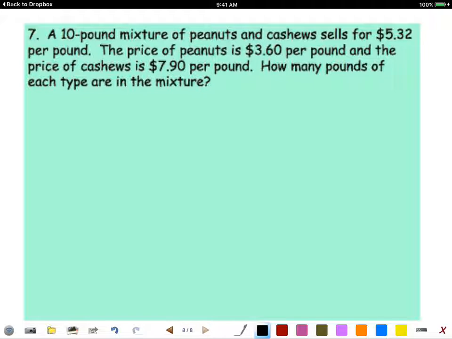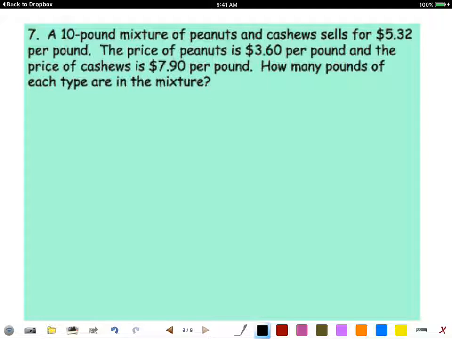P for what? Peanuts. The number of pounds of peanuts. And C for what? The number of pounds of cashews. This one is a little bit tricky, okay? Now, not the first equation. The first equation should be easy, right? Because you know how many pounds altogether you have.